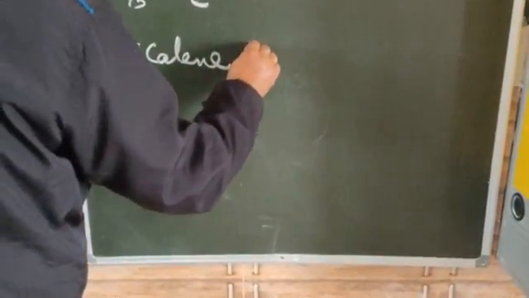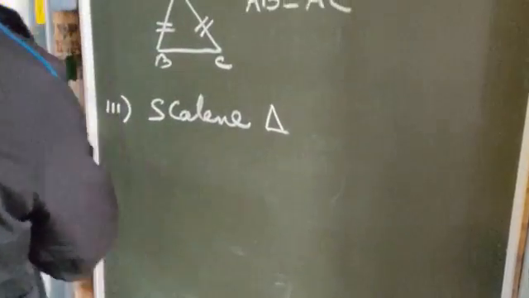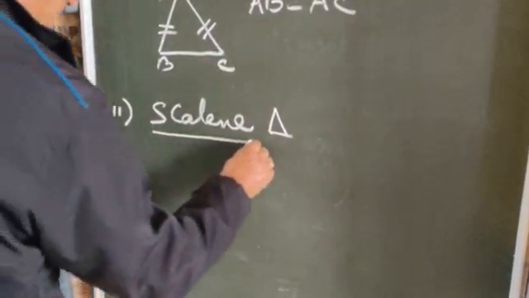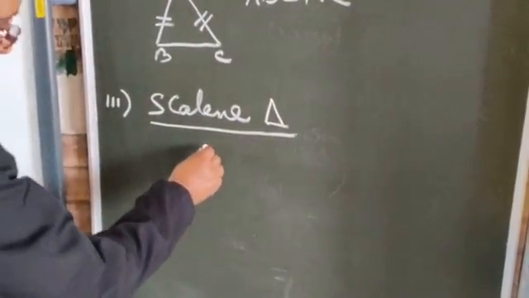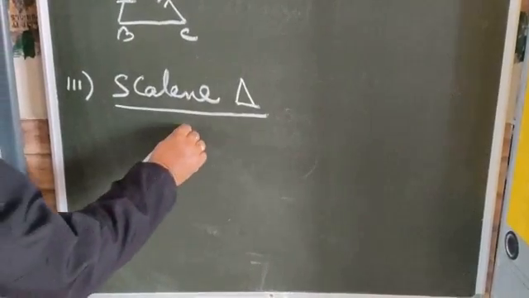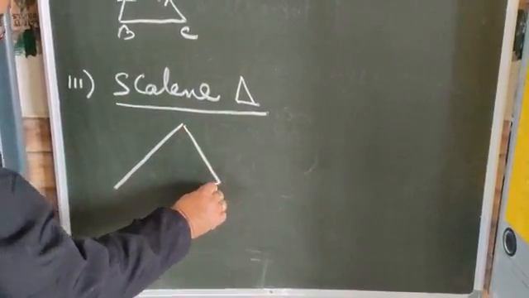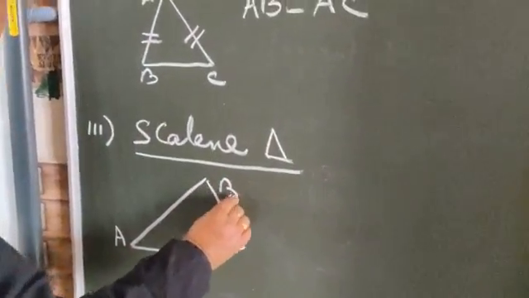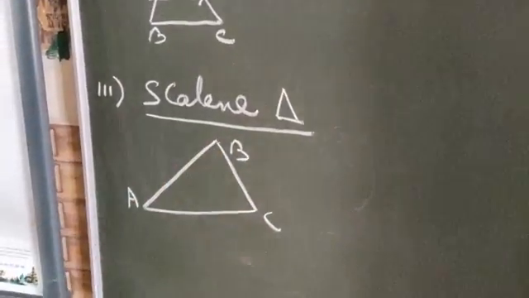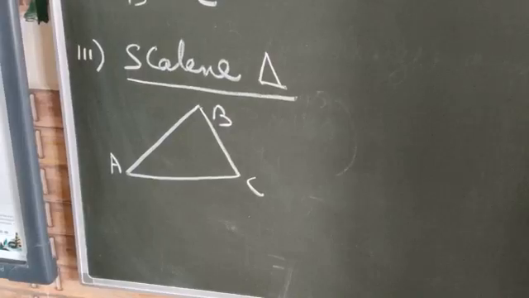Then third we have the scalene triangle. A scalene triangle is a triangle in which none of the sides are equal. Let us see here A, B and C. You can see that none of the sides are equal.